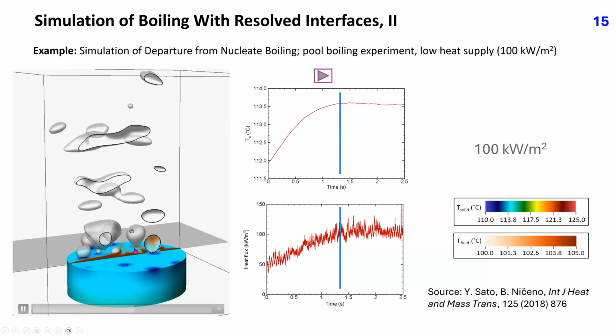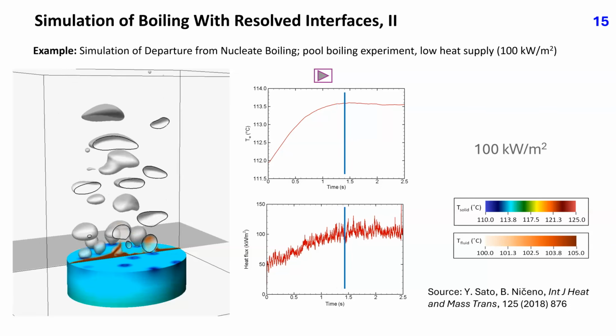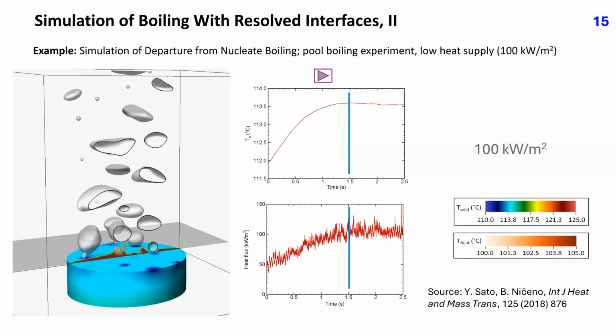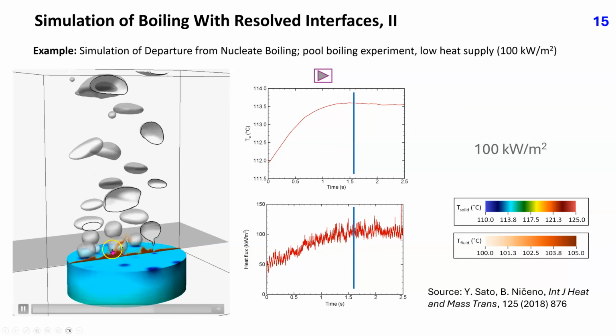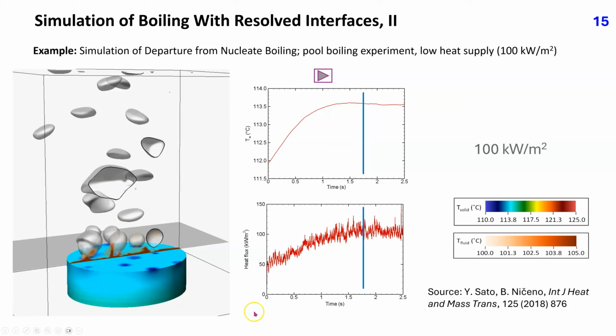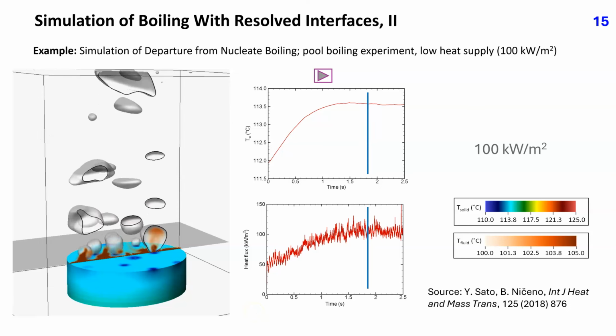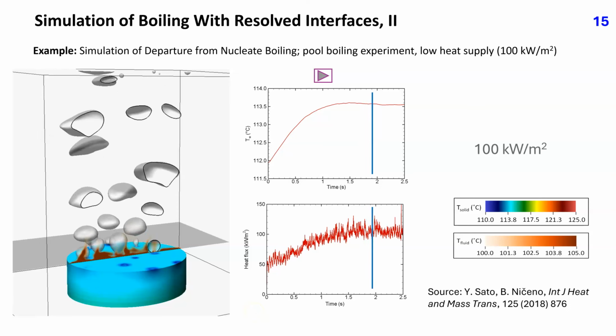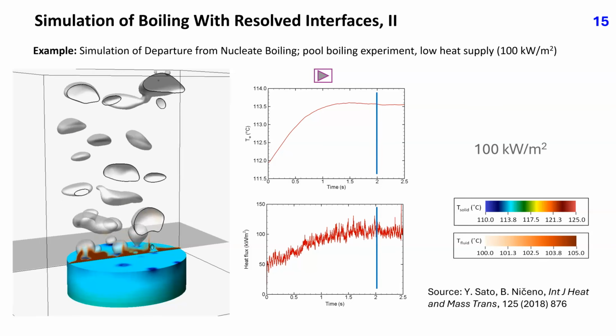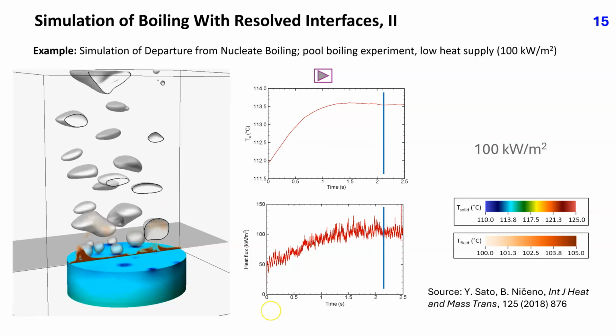A small number of nucleation sites are activated because of the low wall temperature. Water is superheated by about 5 degrees Celsius near the wall surface. Every time a bubble departs from the wall, cold liquid comes in contact with the wall, creating cold spots on the wall surface.